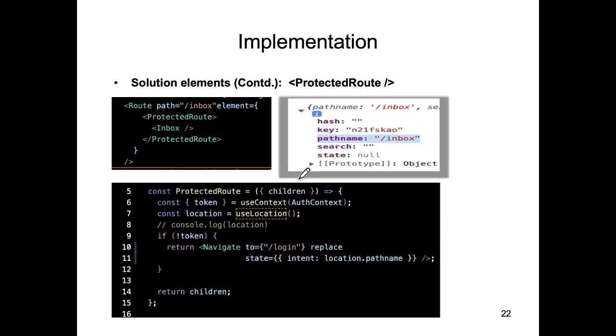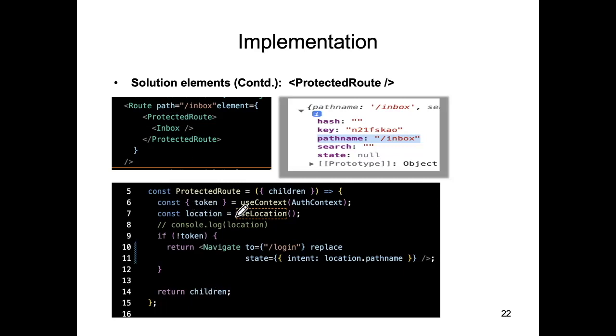Here's another few excerpts from my implementation. Here's a typical route. This is the one that we showed earlier on, so I'm just repeating that here for reference purposes. Here's the actual protected route component, the one that's mentioned here. So when the user tries to access the inbox page and they're not logged in, this component is mounted, which means this component executes.